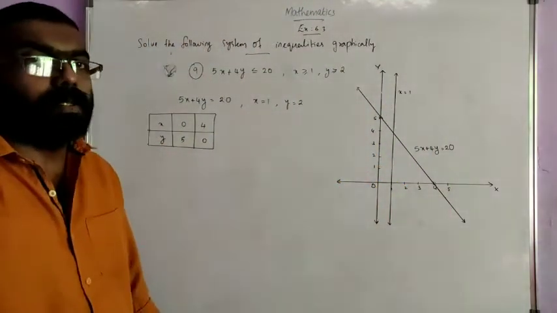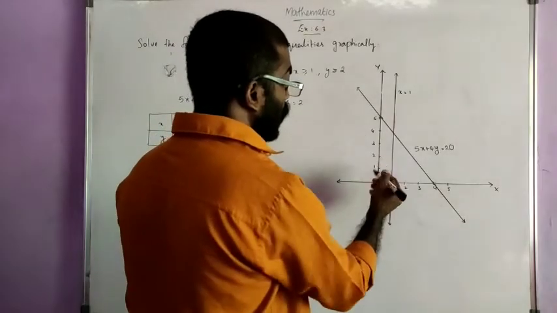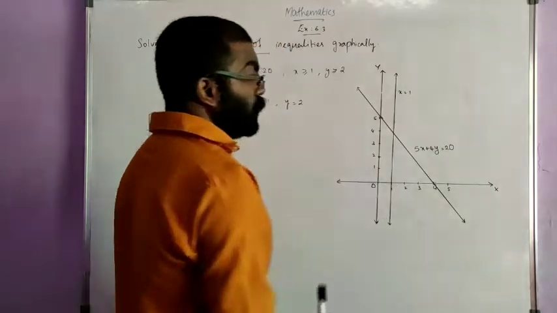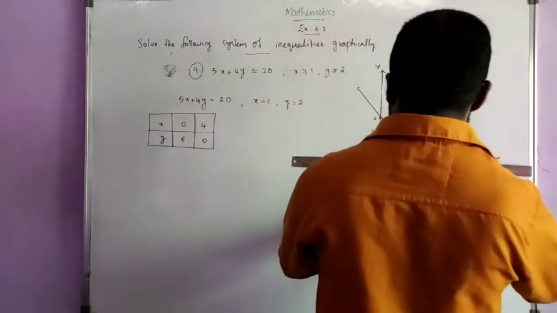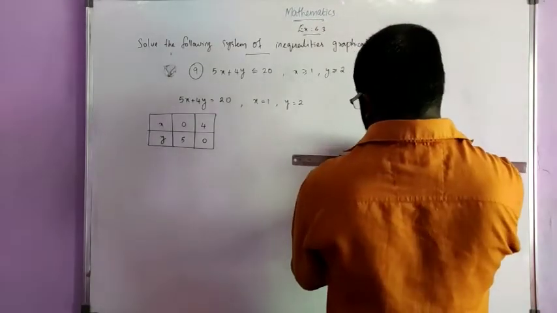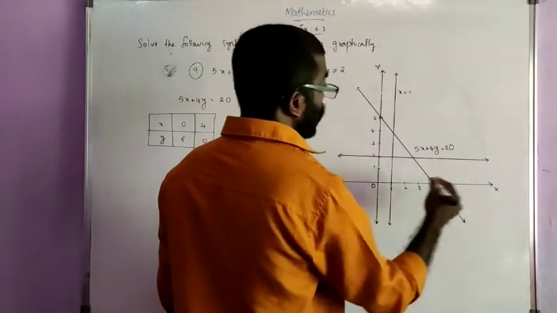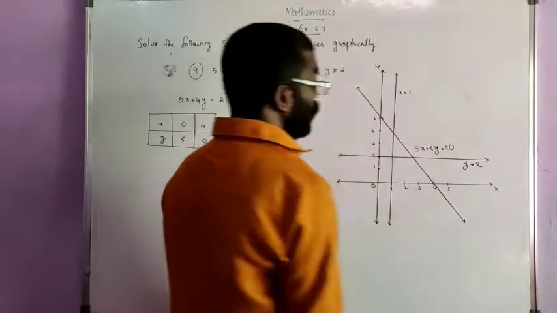Now the next one is y is equal to 2. So take the y-axis and consider the point 2. Through this 2 we have to draw a line parallel to x-axis. Right. So here we can mark y is equal to 2.